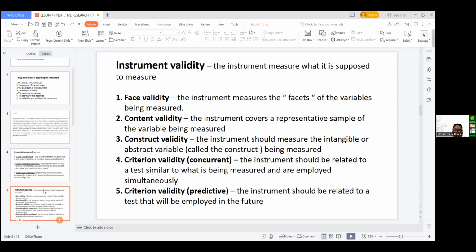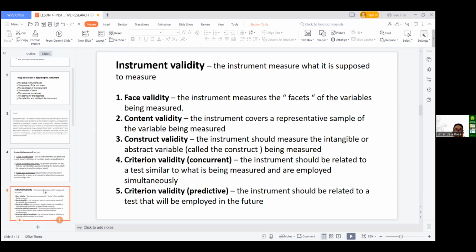So the instrument measures the facets or phases or features of the variables being measured. For example, you are measuring numerical proficiency as the variable. So yung numerical proficiency ba ay nasukat yung facets na yon? Meron bang problem solving? Meron bang etc. So pag ito ay verbal proficiency, meron bang grammar, meron bang identifying error, meron bang vocabulary.